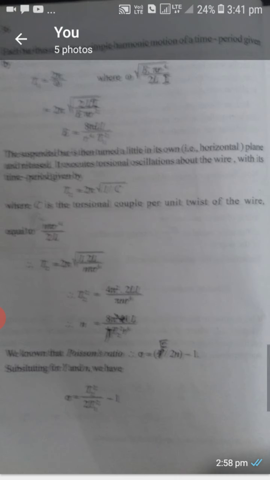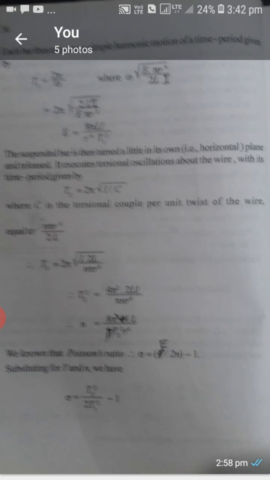Then the suspended bar is turned a little in the plane. Then you release, then it executes a torsional oscillation. The time period for torsional oscillation is T2, which is equal to 2 pi into root of I by C. Here C means torsional couple per unit twist. Put the value for C, pi n r power 4 by 2L.